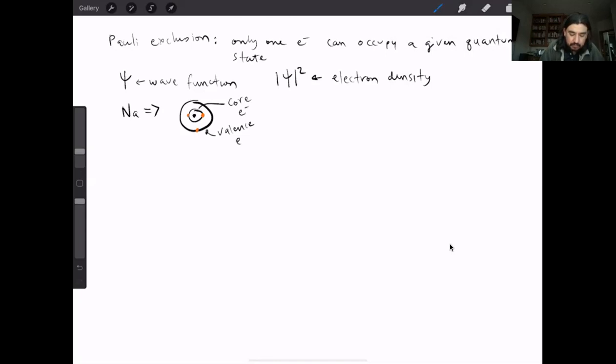So we can say that sodium, and all of the guys in that first column, behave as if their valence electron was the only one interacting, and all of the other electrons are tucked into the core. So what was below sodium? Anybody?